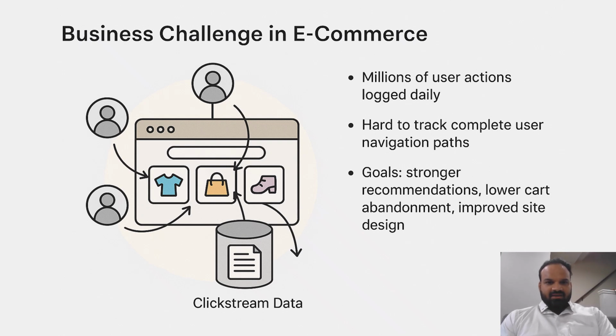This clearly is a big data problem because it fits the three Vs. First is volume, millions of entries are generated daily. Secondly, velocity, data flows in real time as users interact with the site. The third is variety, the data is mixed.